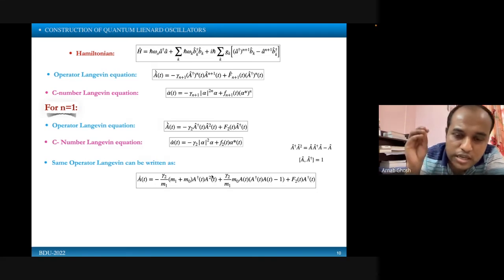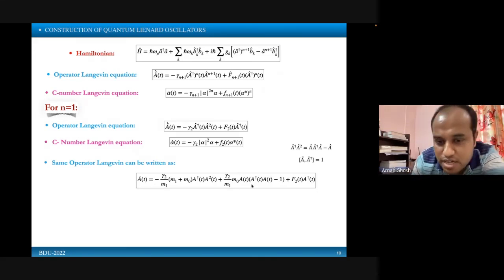If you just add something here and subtract something there, M1 cancels, so I exactly write the same equations, because a dagger a squared and this one are the same. So here I subtract M0 by M1, and here I add M0 by M1.